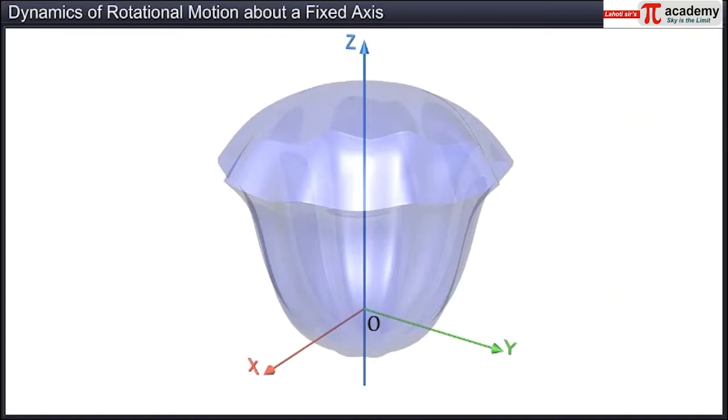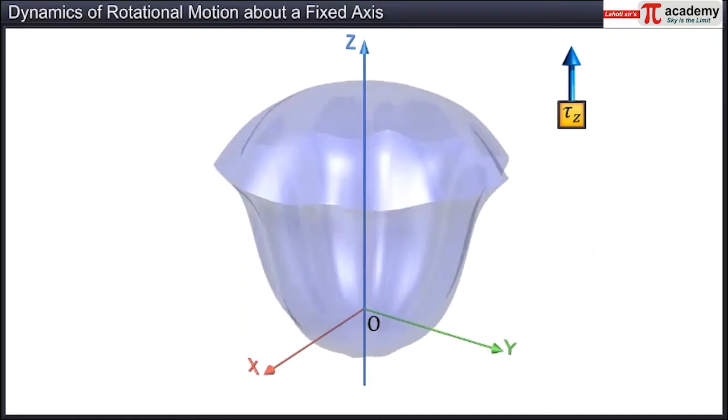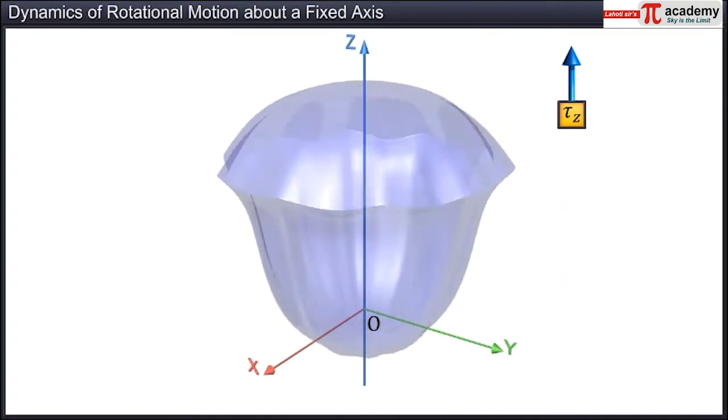For example, if a body is rotating about a fixed z-axis, then only tau z, the component of torque along the axis of rotation, can cause such rotation.